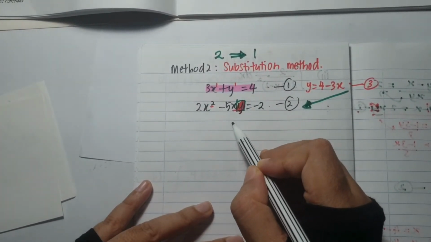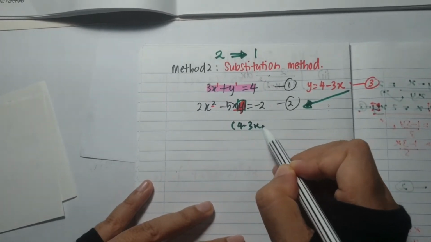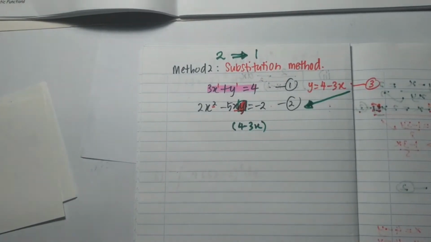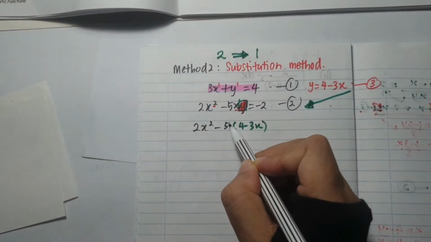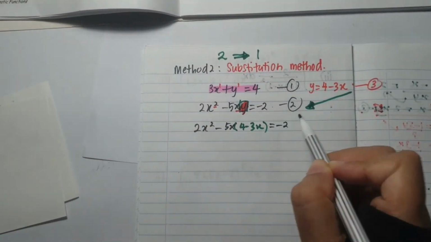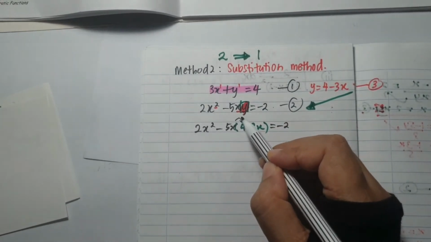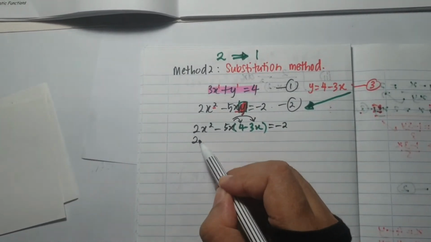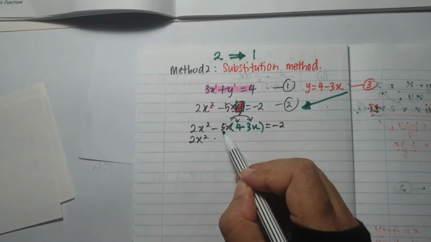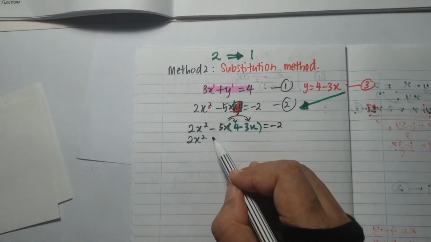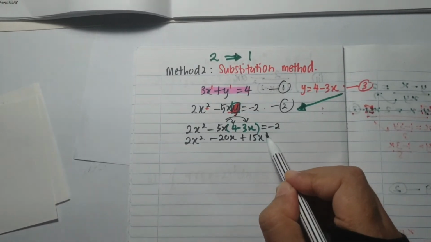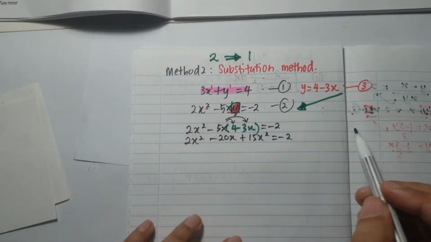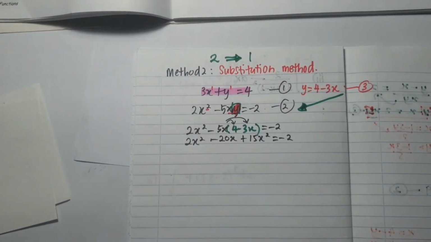So now let's continue. So your y right now is 4 minus 3x. So you have 2x squared minus 5x equal negative 2. And this one you need to expand. So you have 2x squared, negative 5x times 4, negative 20x, negative negative become positive 15x squared equals negative 2. Okay, punggung x squared.